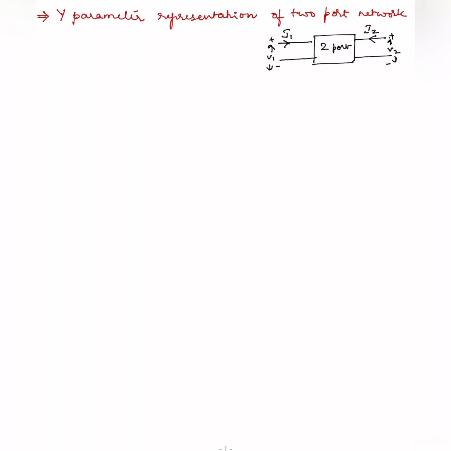Now we know that for Y parameters, the input current I1 is a function of the input voltage and output voltage, as well as the output current being a function of input voltage and output voltage.